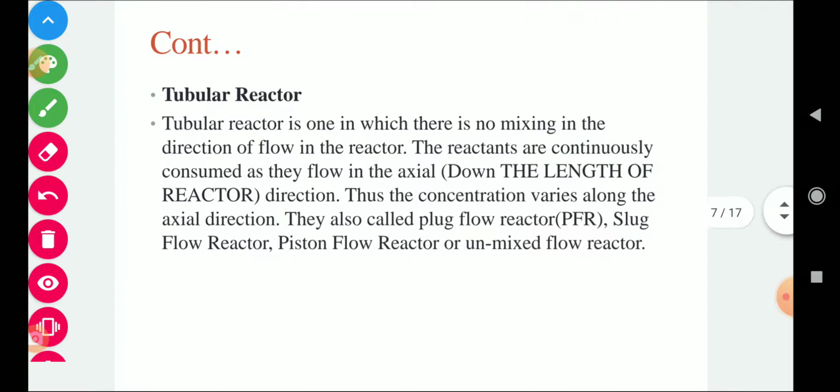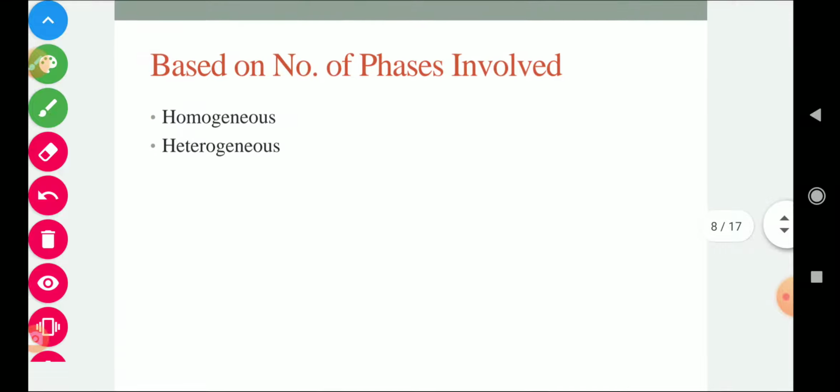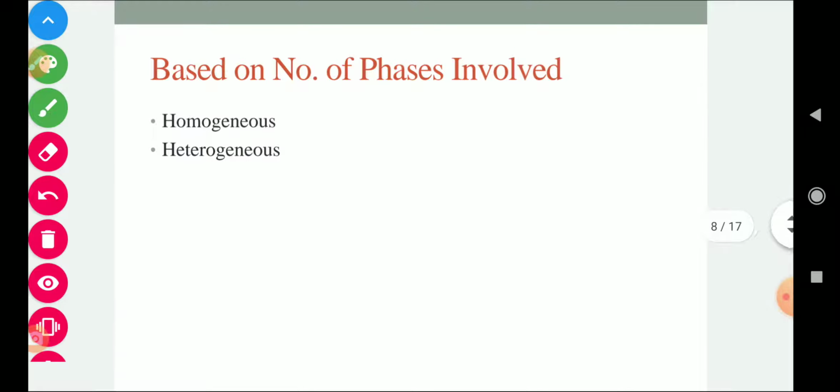Now the third classification is on the basis of the number of phases involved. In that, reactors are classified as homogeneous reactor and heterogeneous reactor. Homogeneous reactor means the composition is uniform throughout the reactor, and there is only one phase present, like a liquid phase reaction.